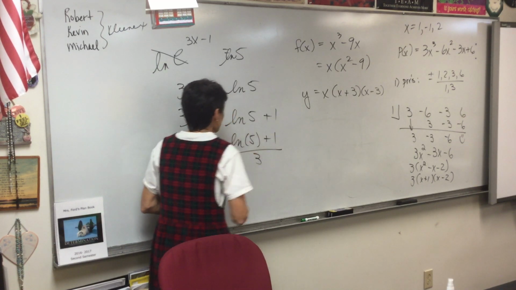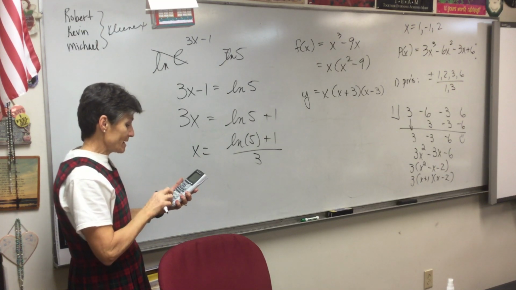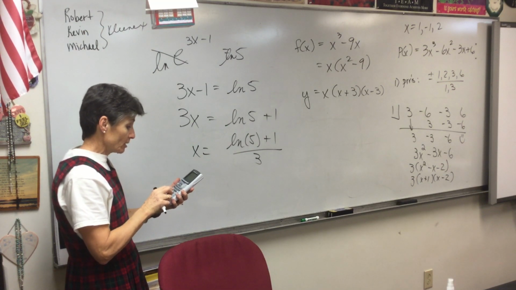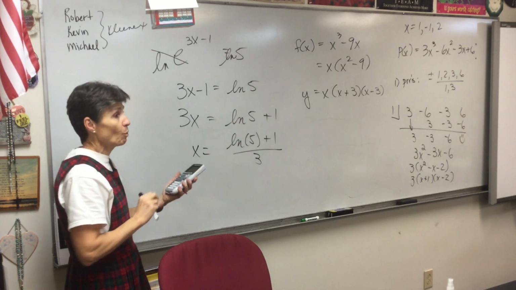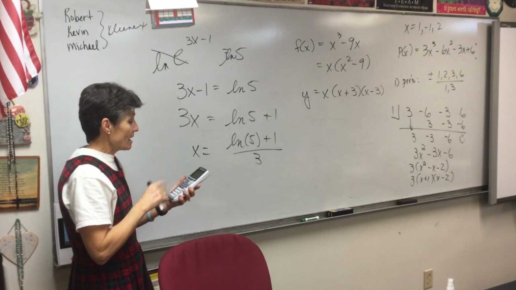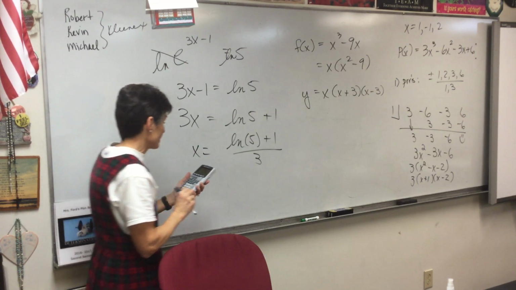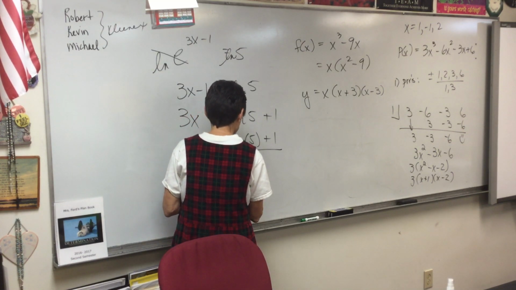Now when you do that, boys and girls, be careful. You know, because I keep harping at you, that you got to close your parentheses after the 5. But after you hit plus 1, you got to hit equals. Equals it out. And then divided by 3. So you need to come up with 0.8698 as your answer.